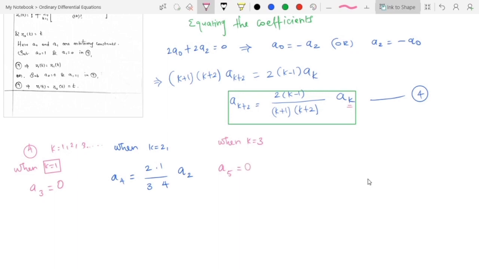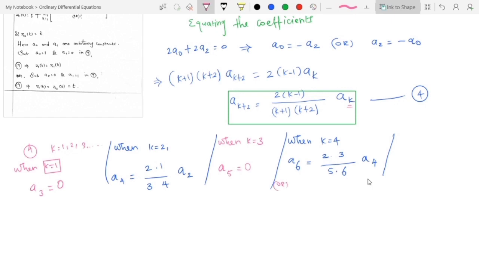When k is equal to 4, a 4 plus 2, a6, is 2 into (4 minus 1), 3, by (4 plus 1), 4 plus 2, into a suffix 4.